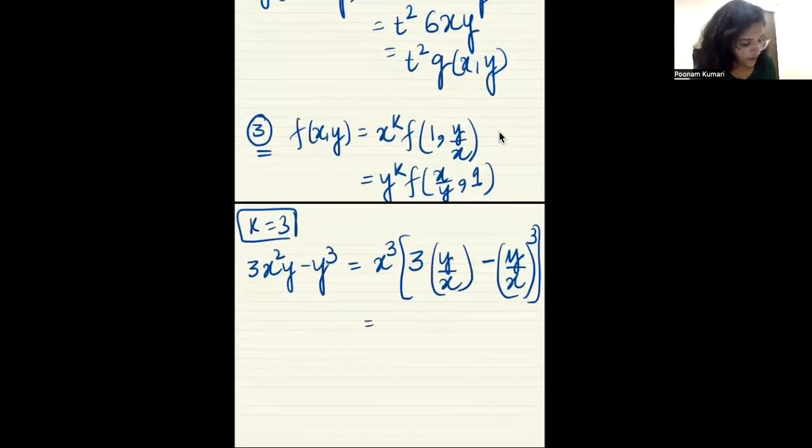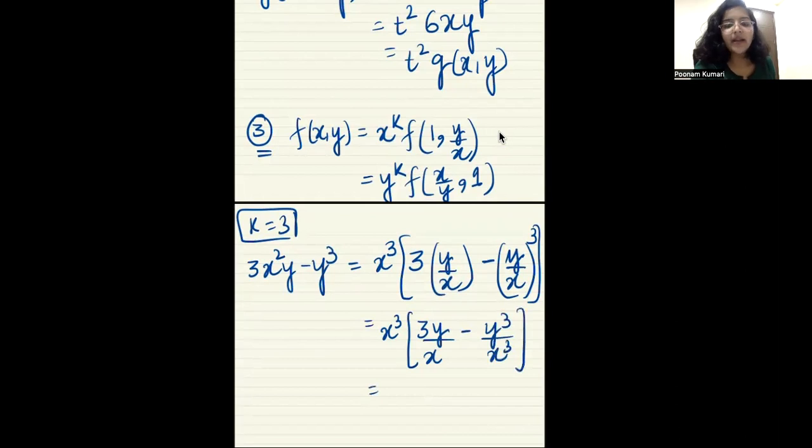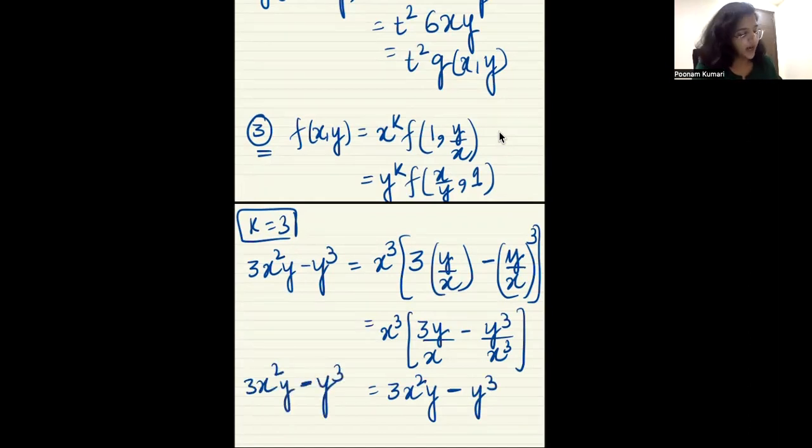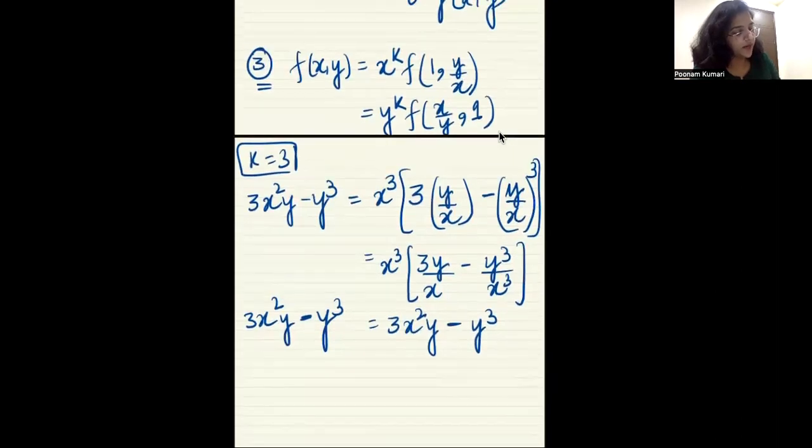Now if I try to solve it further, what do I get? 3y by x minus y cube divided by x cube, and if I multiply by x cube inside, I get 3x squared y minus y cube, which is nothing but the function value here. A similar thing I can do with this part also.